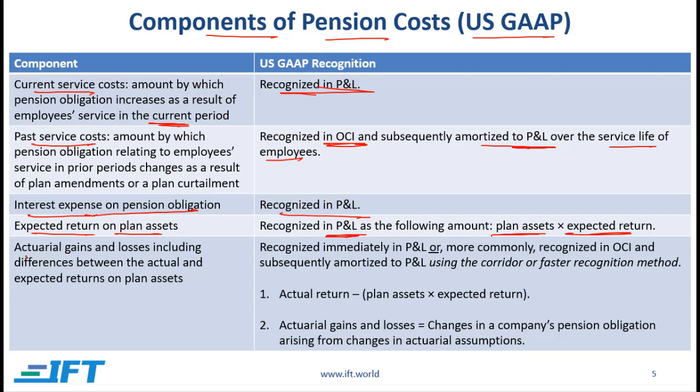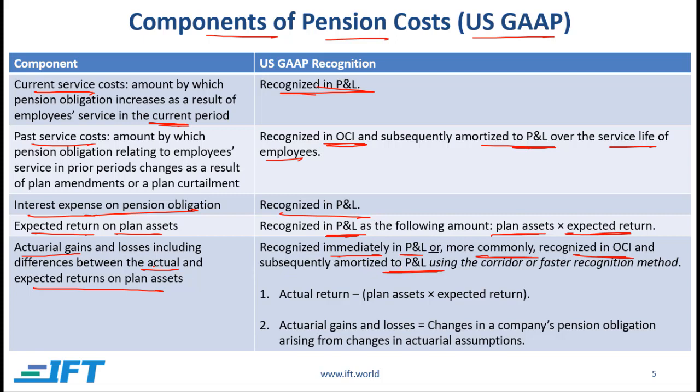The final component is actuarial gains and losses, including differences between the actual and expected return on plan assets. This component can be recognized immediately in the profit and loss, or what is more common is for this component to be recognized in OCI and subsequently amortized to profit and loss.